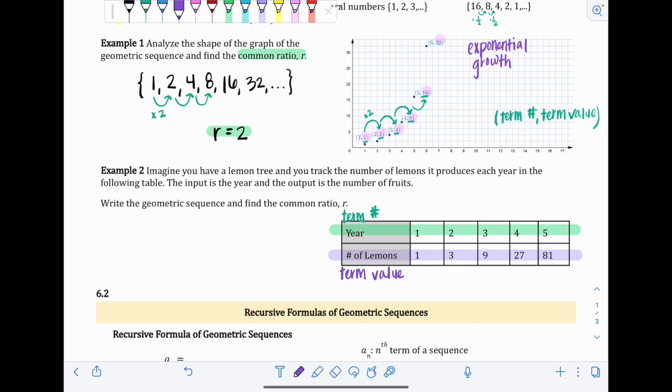You can leave it in the table if you want, or you can rewrite it in brackets. It really just comes down to personal preference. If you wanted to rewrite it in brackets, you would just do the bottom row, the output of the table. So it'd be 1, 3, 9, 27, and then 81.